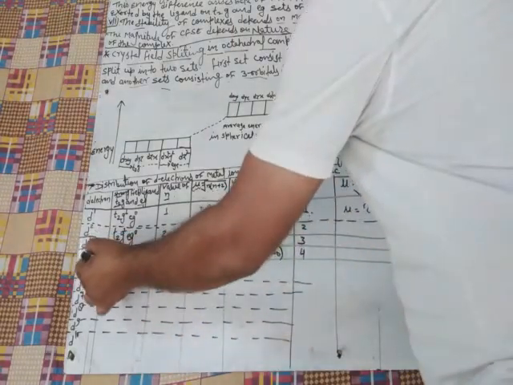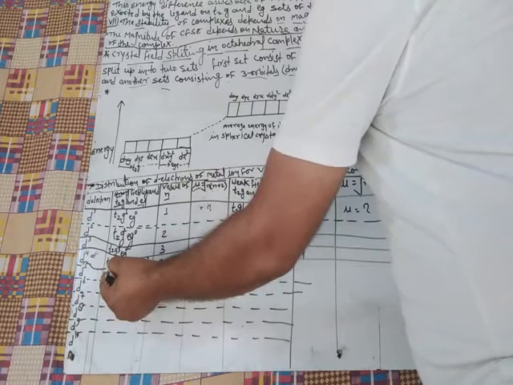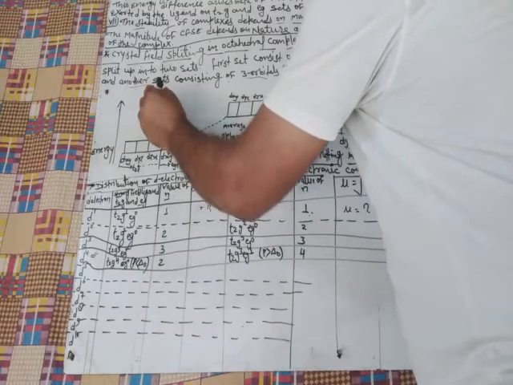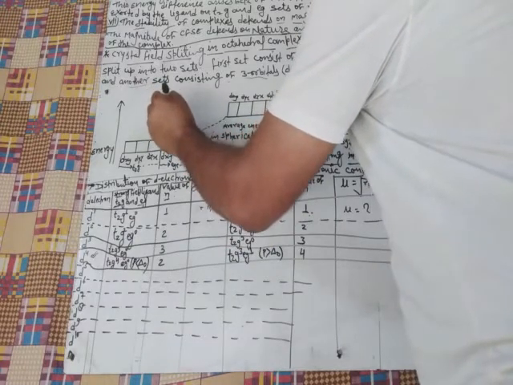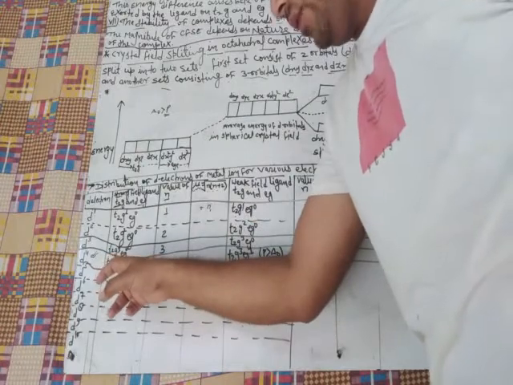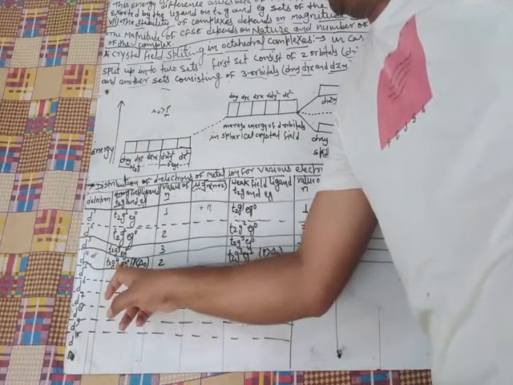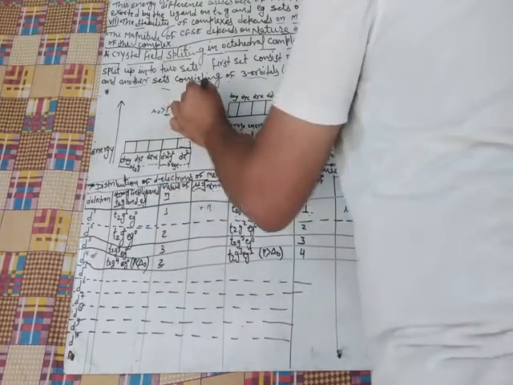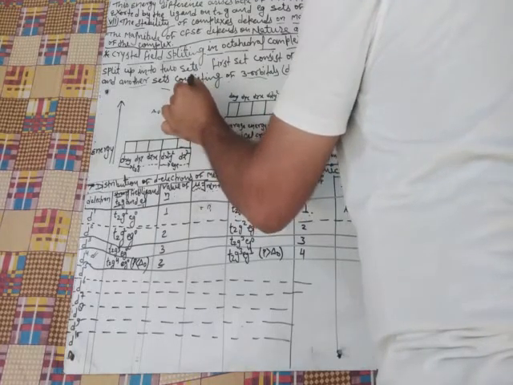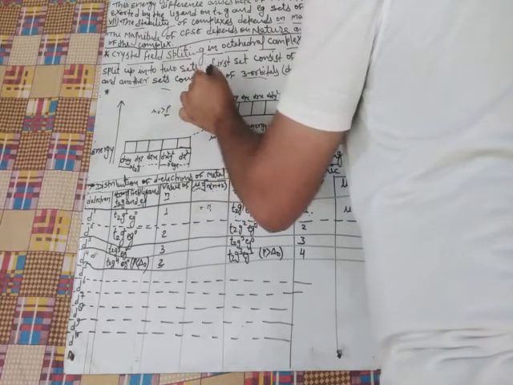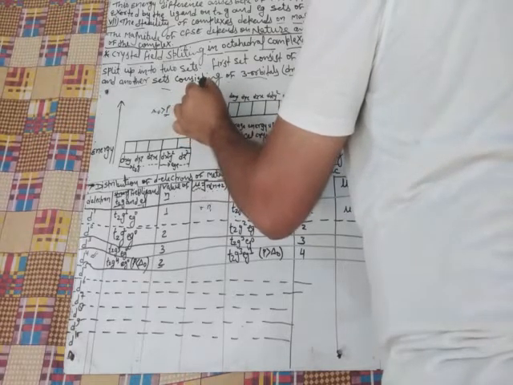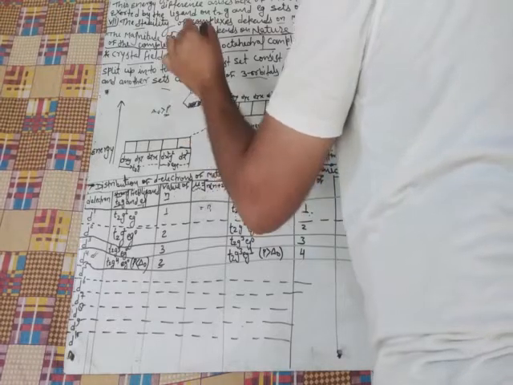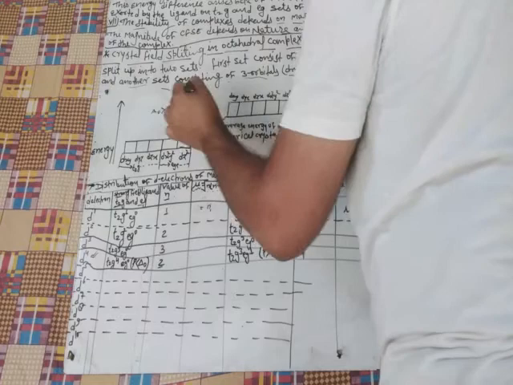But for d4 electronic configuration, when the ligand is strong, Δo is greater than P, which means the first electron is pairing. Then the electronic configuration is T2g4, Eg0. How many electrons are unpaired? One, two, three, and four. Then the unpaired electrons are 2.